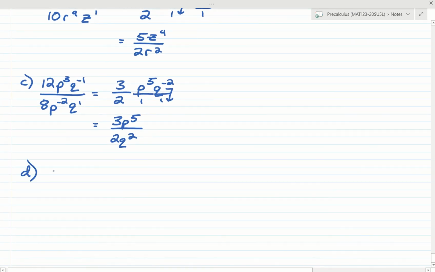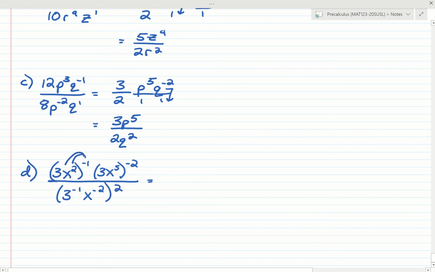And then our last one, what about 3x to the 2nd to the negative 1st power times 3x to the 5th to the negative 2nd over 3 to the negative 1st, x to the negative 2nd to the 2nd power. So let's distribute. Just do one thing at a time, right? We'll distribute those.